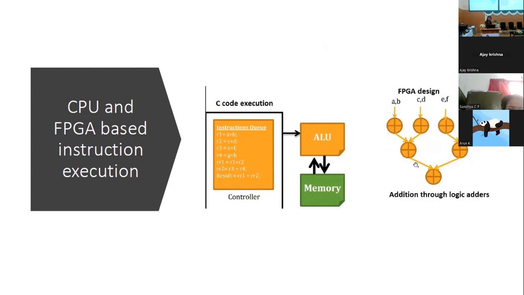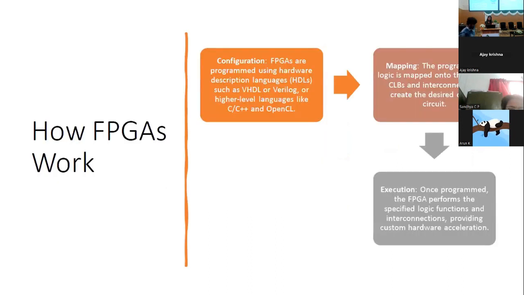So this is the difference between code executed inside a CPU and inside an FPGA. I hope you got the point. That's how we are getting a high level of parallelism inside the FPGA. We are using more resources from the FPGA.